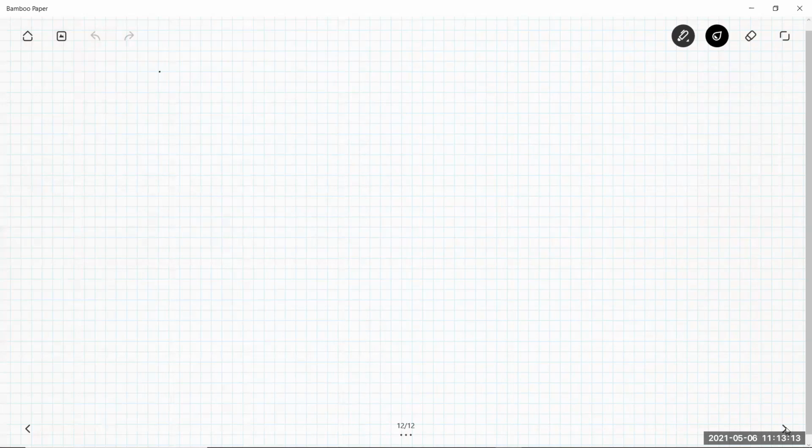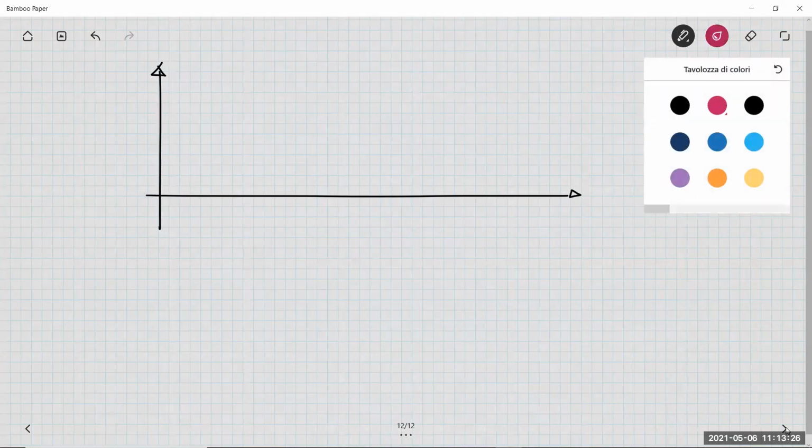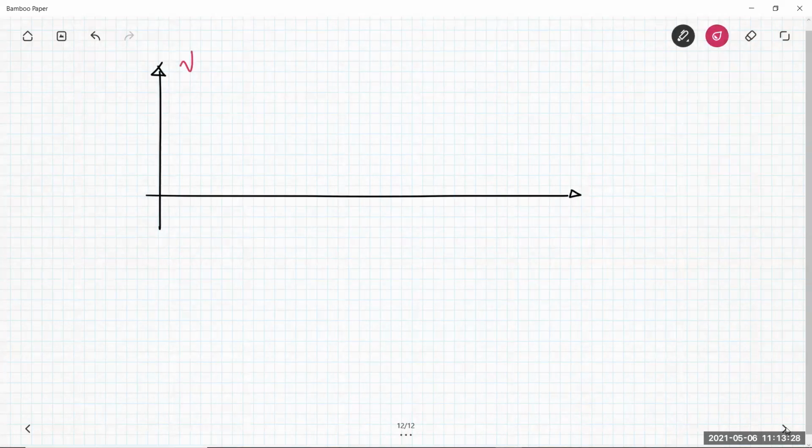Let me just redraw the general spectrum you can get at the output when you have a rectangular waveform that you have to filter out. You have, let's say, V0_1, the F1 component. The amplitude is MA VD.